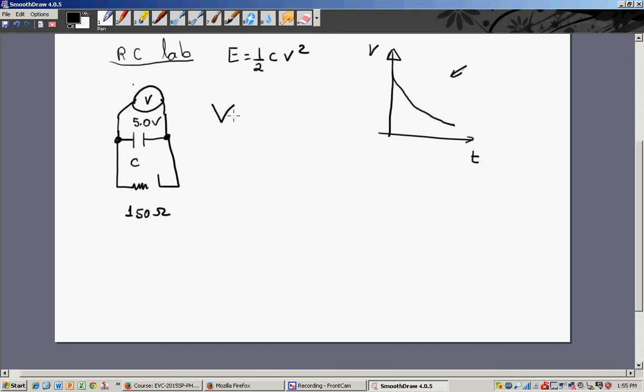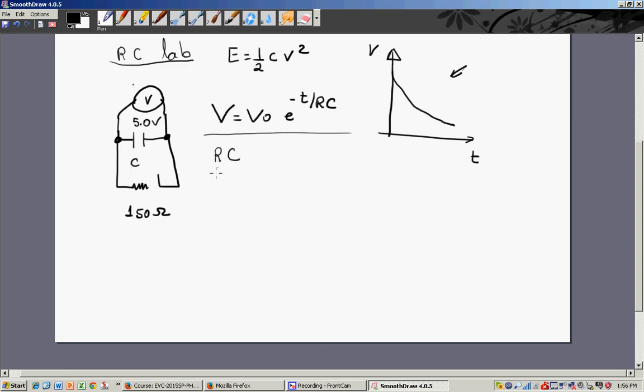But basically, the equation describing this decay is given by that. And the point of your lab was to find a measured value for the time constant of your circuit, which is the product of the capacitance C with the resistance R.